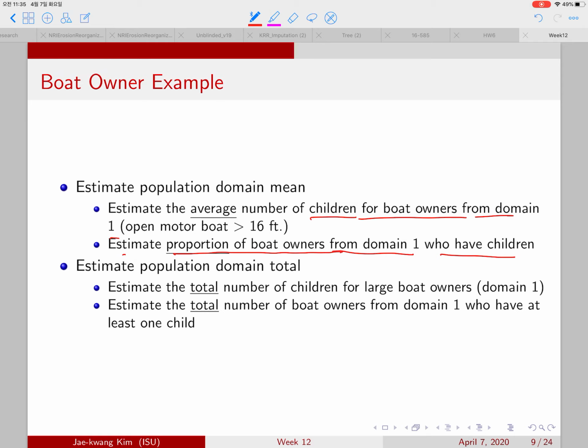Another type of parameter is the total, for example, the total number of children for large boat owners in domain 1, or the total number of boat owners from domain 1 who have at least one child.